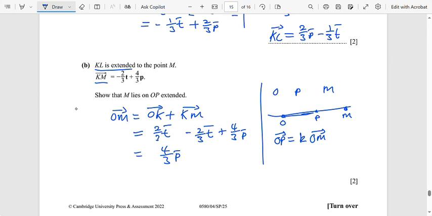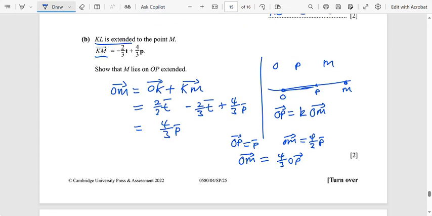Vector OP is just vector p, and vector OM is equal to 4/3 of vector p. In other words, vector OM is equal to 4 over 3 of vector OP, because vector OP is p and vector OM is 4/3 p.